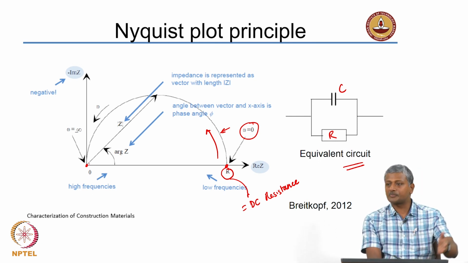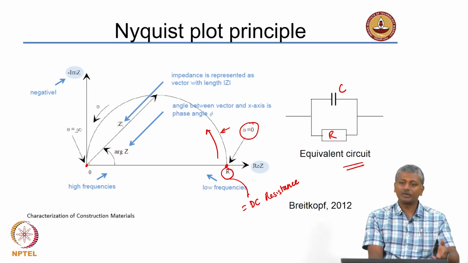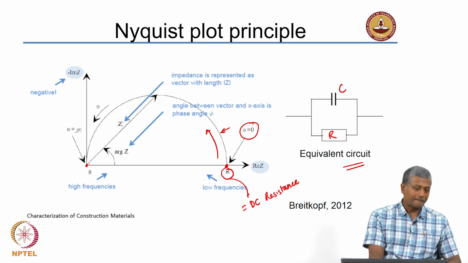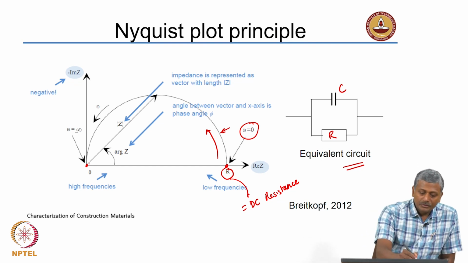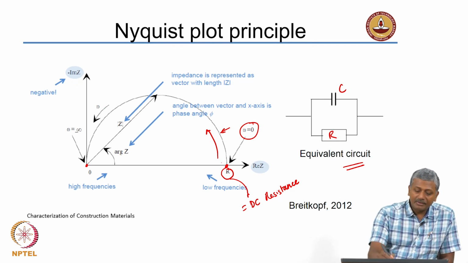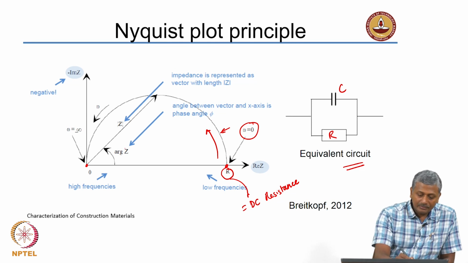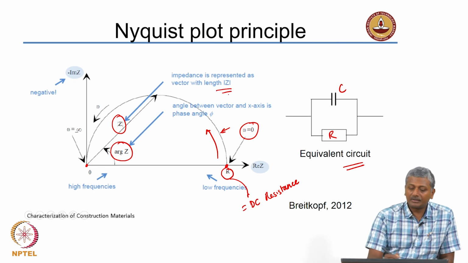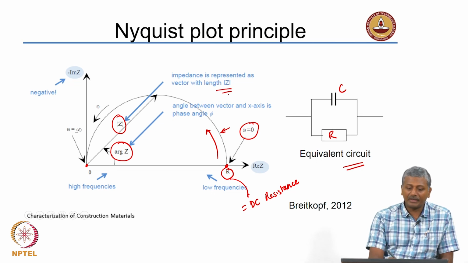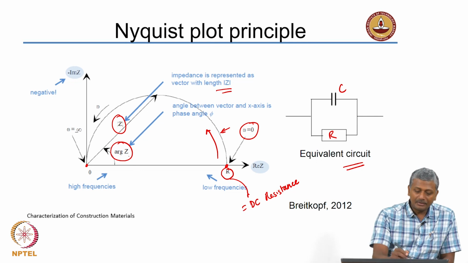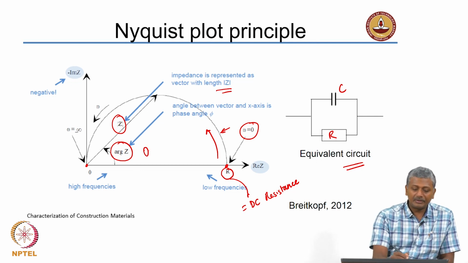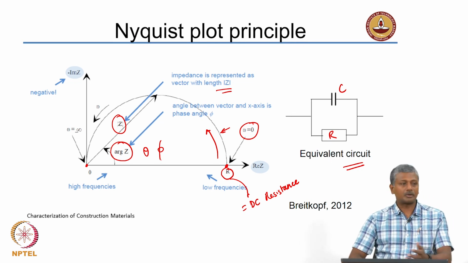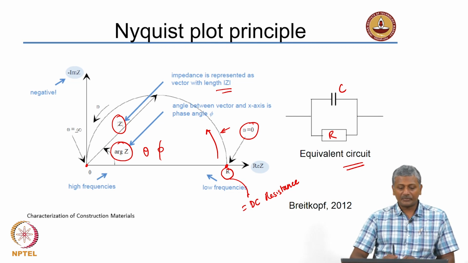You can calculate this based on the expressions that we have used for the Z and I. So, as your omega is increasing, you are going along this arc, you can represent the impedance in terms of your modulus, the vector with length equal to magnitude of Z, absolute value of Z, and arg Z is nothing but the phase angle theta or phi, as the case may be, depending on your method of representation. So, this is essentially your representation of the Nyquist plot.